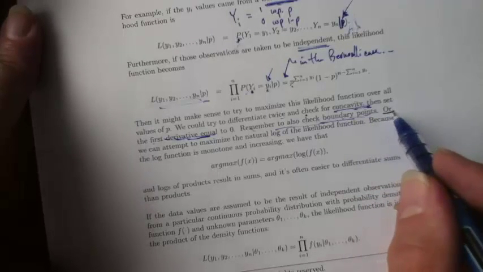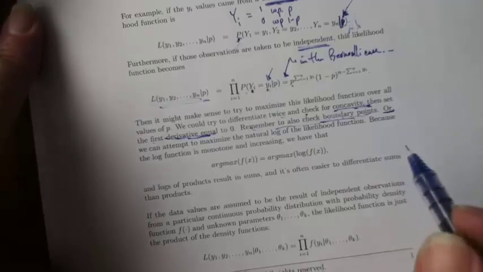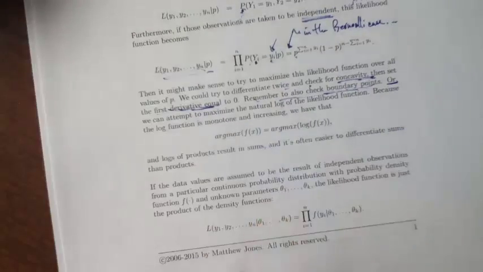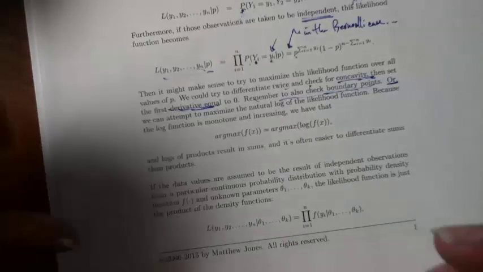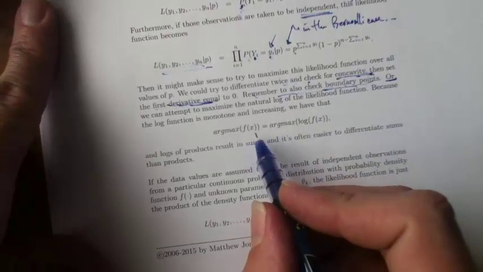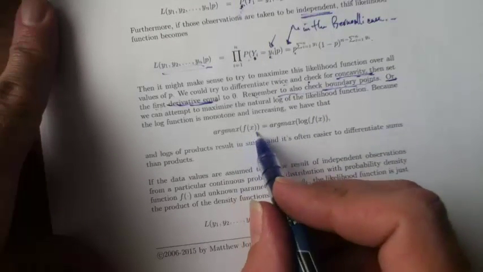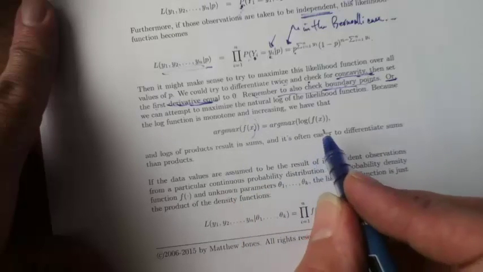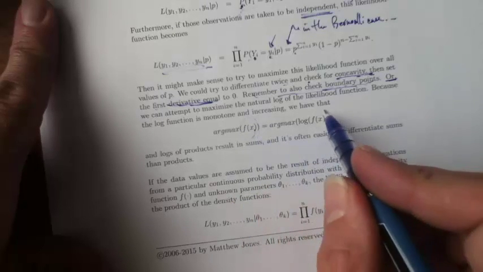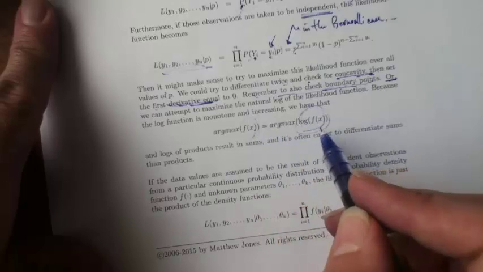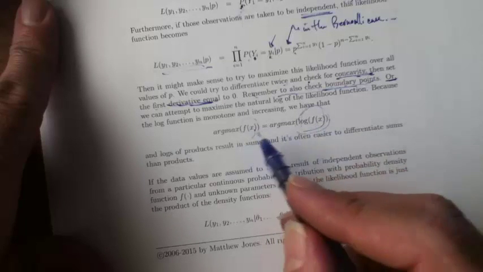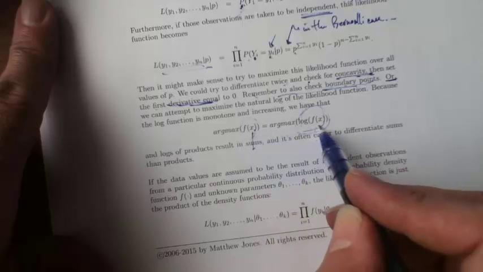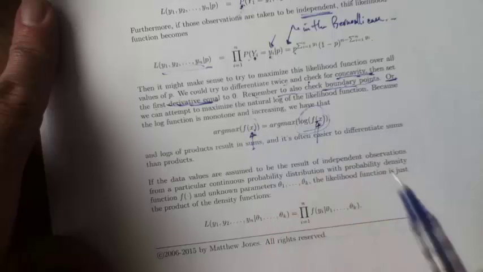It turns out a lot of times it's easier to maximize the natural log of the likelihood function, because the log function, as you recall, is monotone increasing. So maximizing some function f with respect to x will be the same as maximizing the log of f. The maximums will not be the same, but the x values that do the maximizing will be the same.